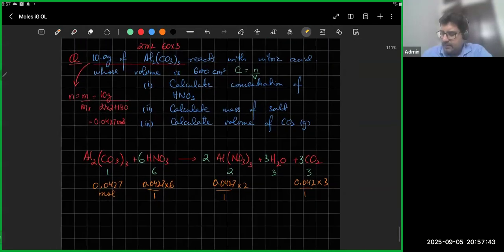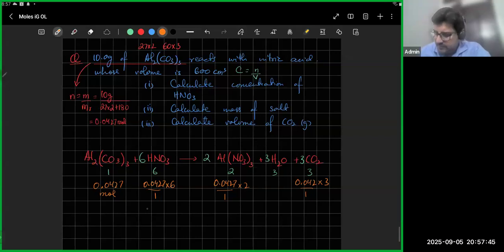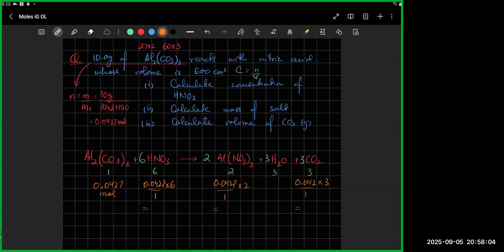So, tell me the moles. What are these moles? And what are these moles? What are the moles of HNO3 in this question? 0.2562.